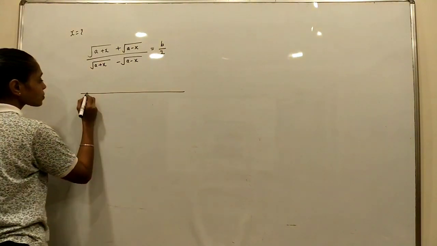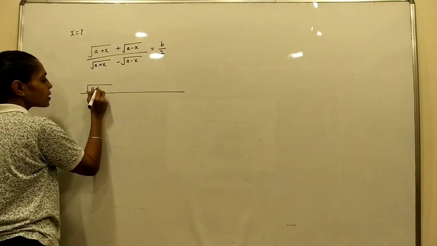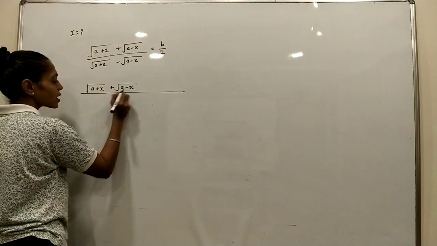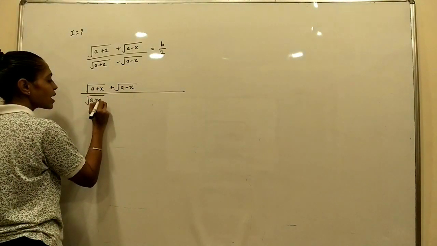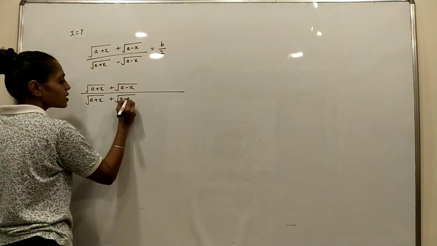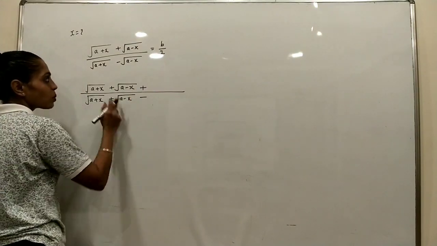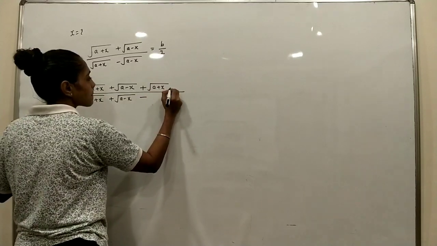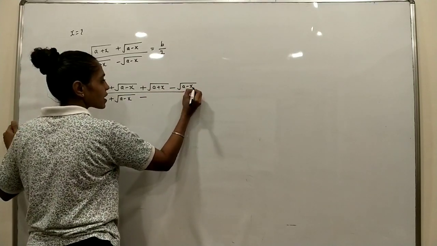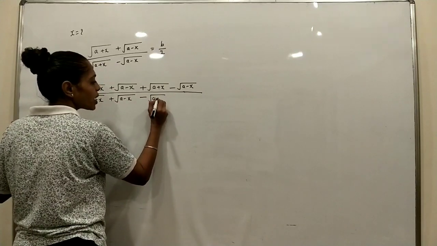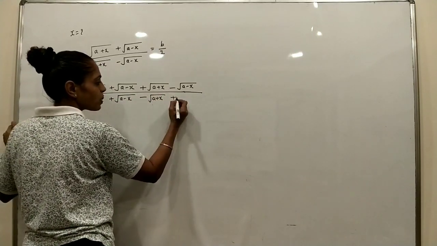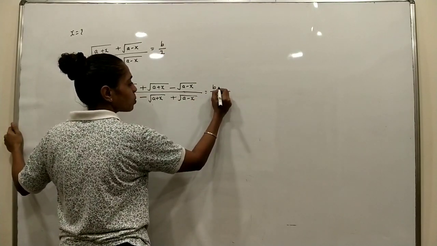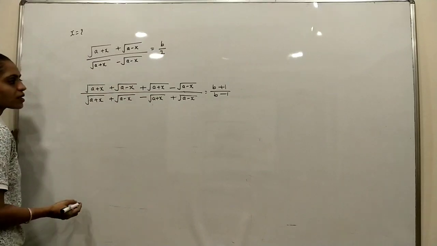Componendo dividendo: root of a plus x plus root of a minus x, root of a plus x, root of a minus x, plus and minus, plus denominator is root of a plus x minus root of a minus x, minus root of a plus x plus, minus to the plus, root of a minus x is b. Numerator plus denominator minus denominator.